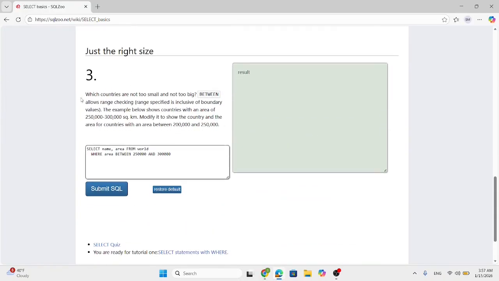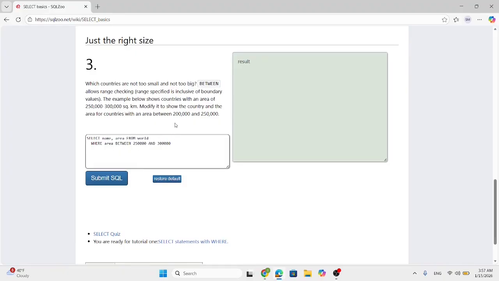Third question. Which countries are not too small and not too big? BETWEEN allows range checking. The example below shows the countries with an area between 250,000 and 300,000 square kilometers. Modify it to show the country and the area for countries with an area between 200,000 and 250,000.